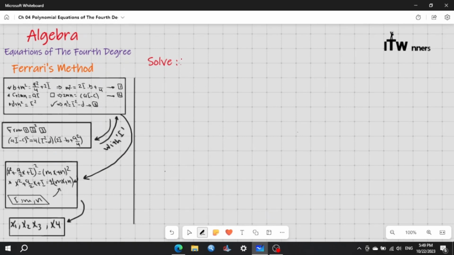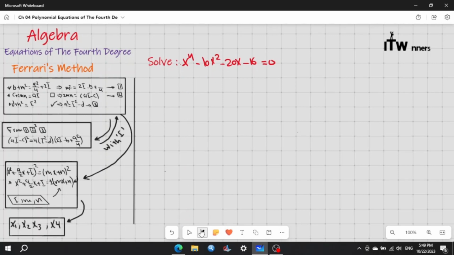The first example asks to solve x to the power 4 minus 10x squared minus 20x minus 60 equal to 0. So we will use Ferrari's method to solve this equation.